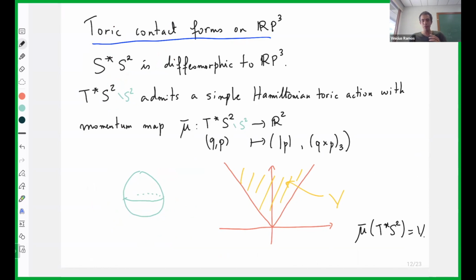And we know that T*S2 is already toric in its own way.